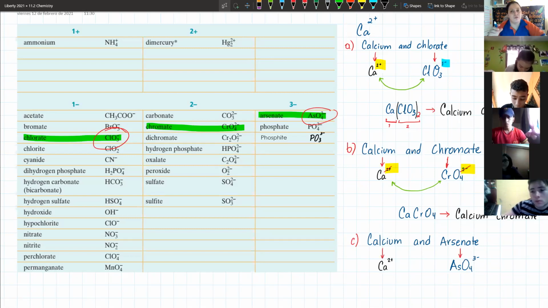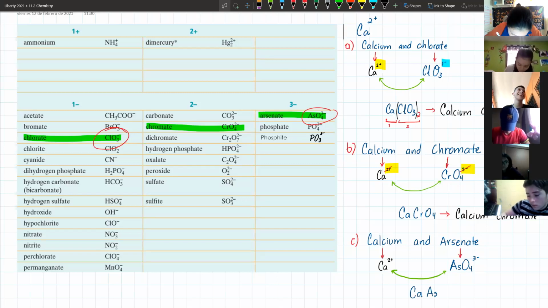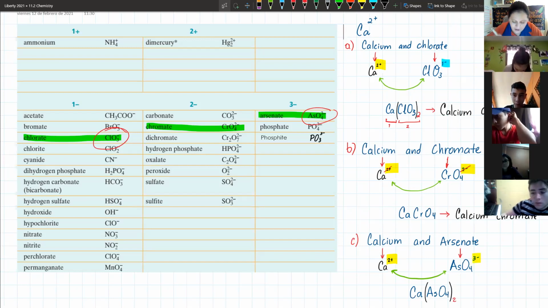So the first step to create a compound is to make them happy. This is the compound that is formed. Now, the 2 from calcium, where are you going to put it? You're going to place parentheses next to the 4. That is correct. The parenthesis comes here to separate arsenate from calcium, and the 2 from calcium comes over there. Now, where do I put the 3 from arsenate?